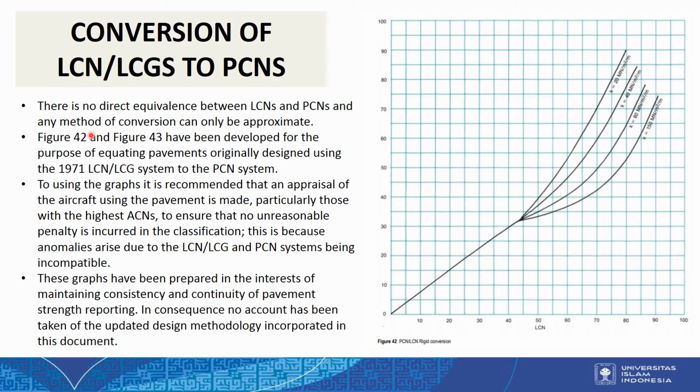Actually there is no direct equivalence between LCN and PCN, and any method of conversion can only be approximate, and for the conversion of LCN to PCN we will use figure 42 and figure 43 to equate pavement using the LCN system to the PCN system.